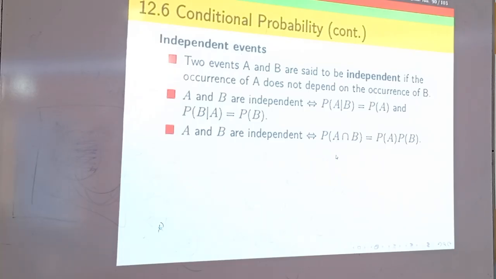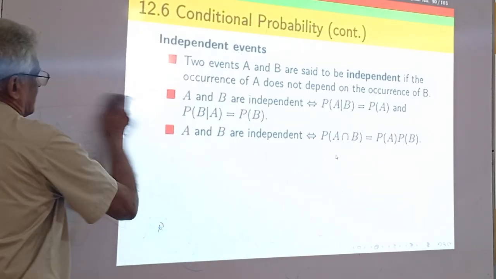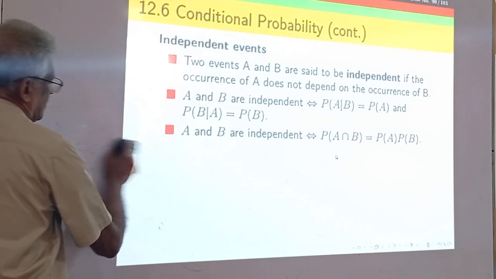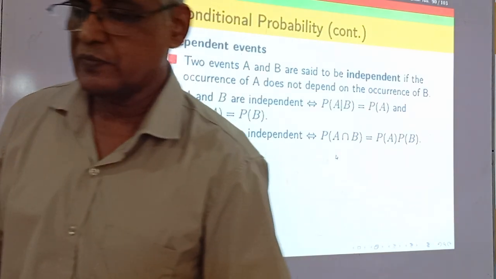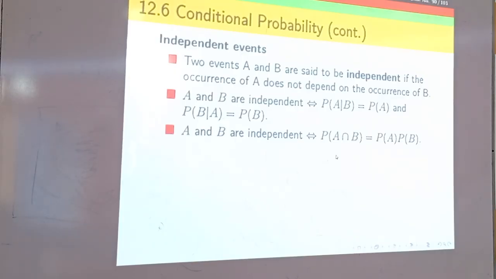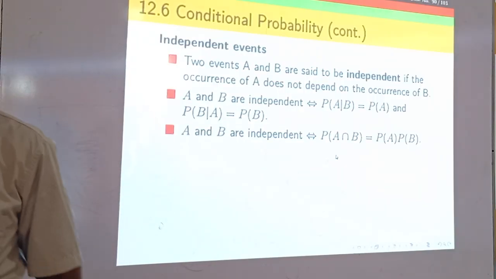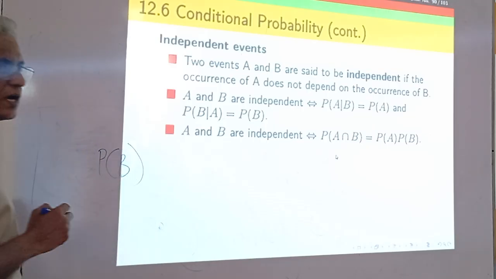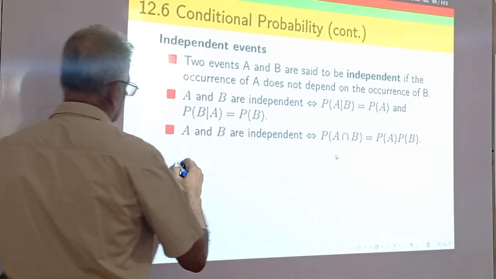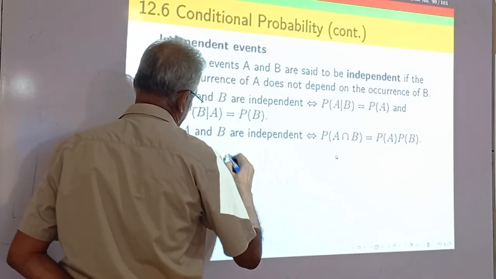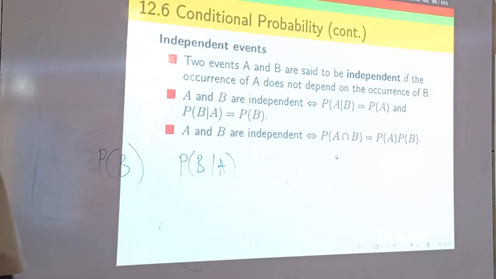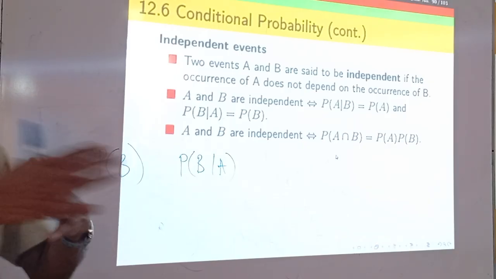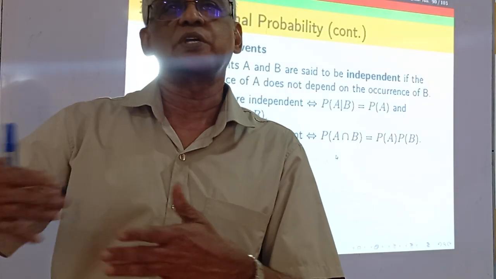Right. So once you have this conditional probability definition, we can now define the independence of two events. To explain that, let's consider two situations. Say you have two events A and B. Suppose you are considering the probability of B, that is the unconditional probability, and also the probability of B given A. You calculate the probability of B without knowing whether A has occurred or not.